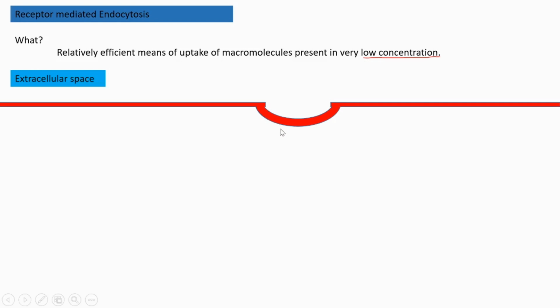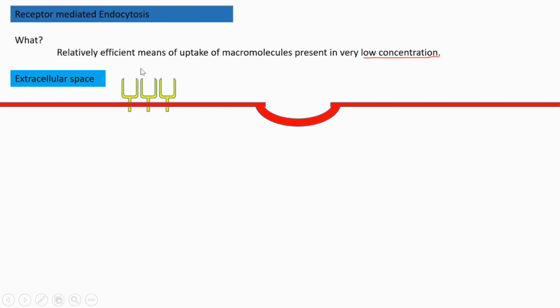Clathrin is a type of peripheral protein. Clathrin I will show you later. Along with that, certain receptors are also present in the membrane. And the substance that needs to be transported inside the cell first comes and binds to these receptors.